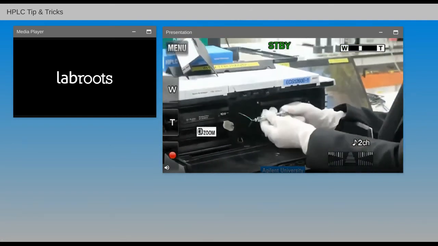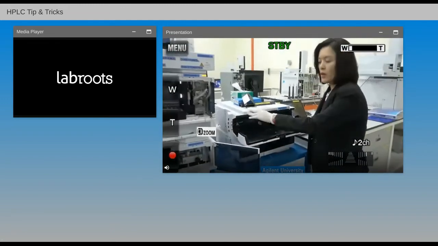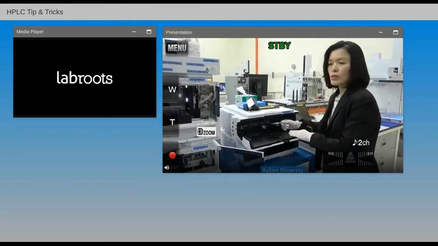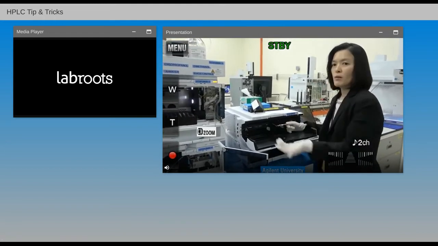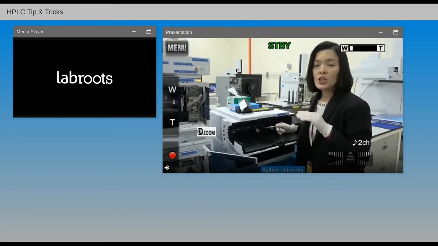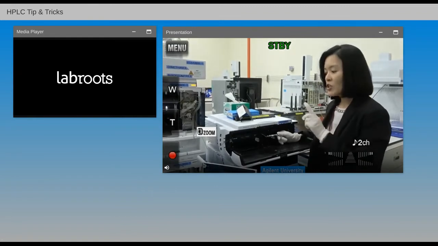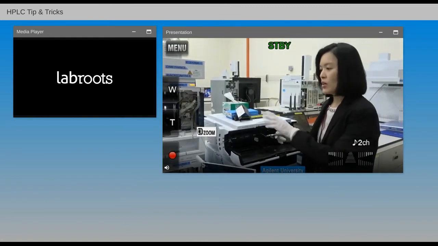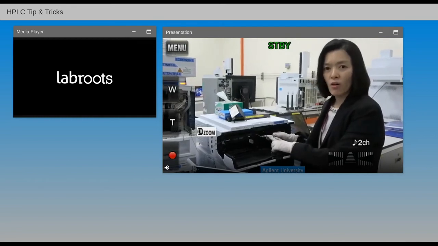But how do I know whether the problem is due to the column or the instrument? The first thing you need to do is remove the column. When you remove the column, if the back pressure drops down to the initial back pressure from when your instrument was new, it shows that the instrument is fine. The problem is coming from the column.